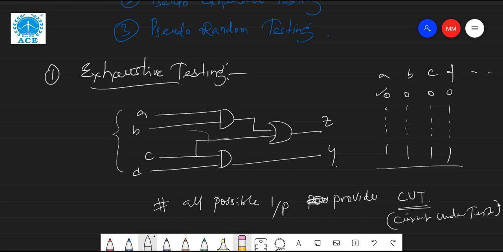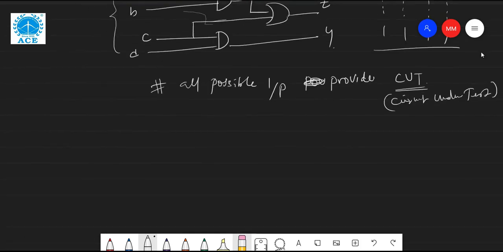So exhaustive testing is nothing but considering all the input combinations we have. There are no calculations like taking four combinations or five combinations. You need to take all of them.